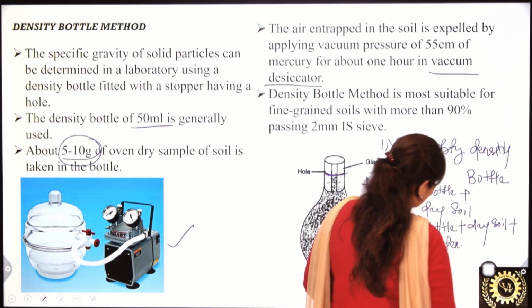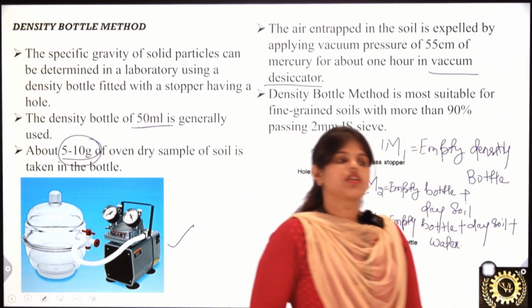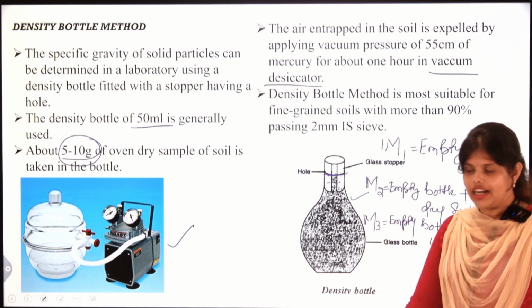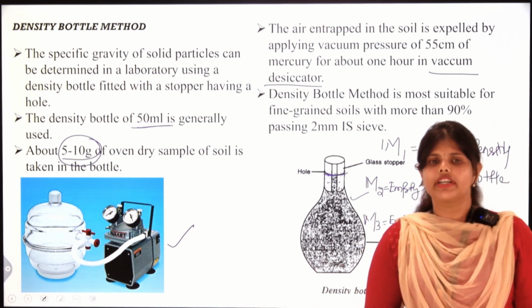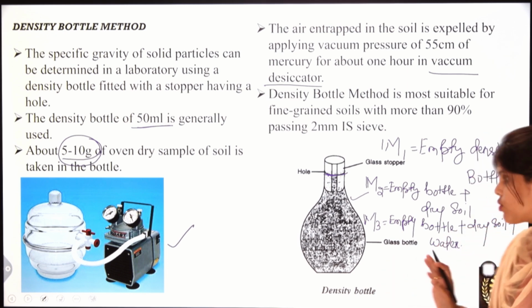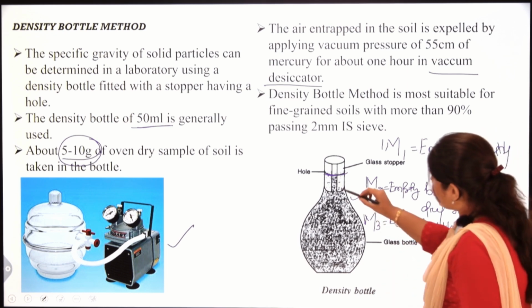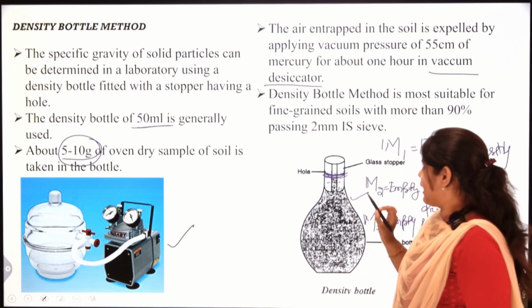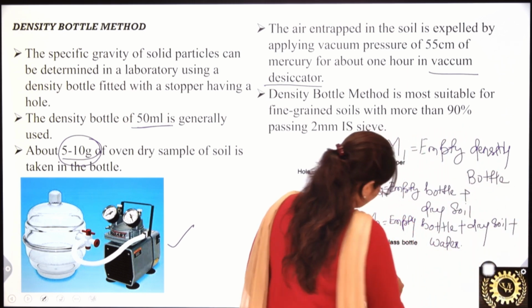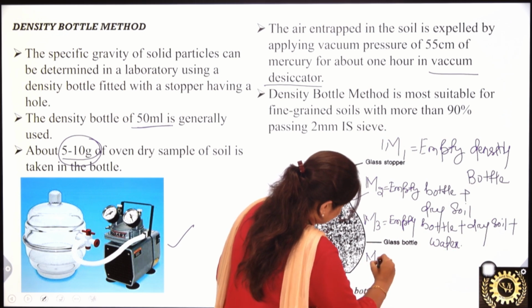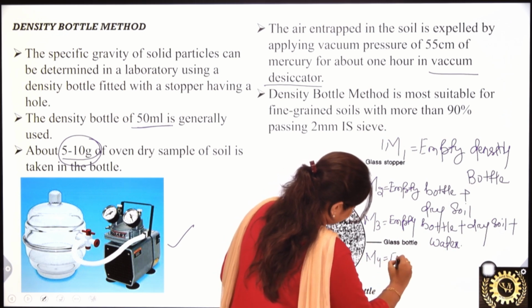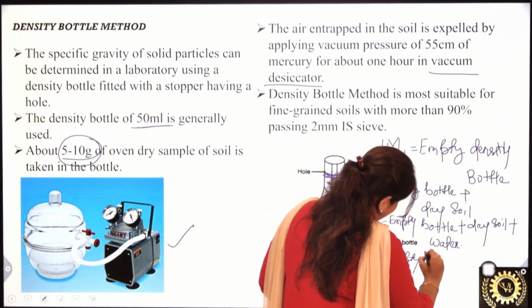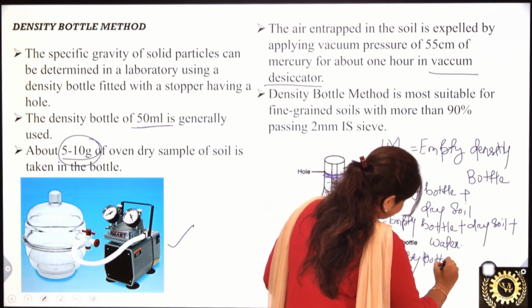Next, we clean the bottle and oven dry it again. Then we fill it with only water and take that as M4, so M4 is the empty bottle plus water.